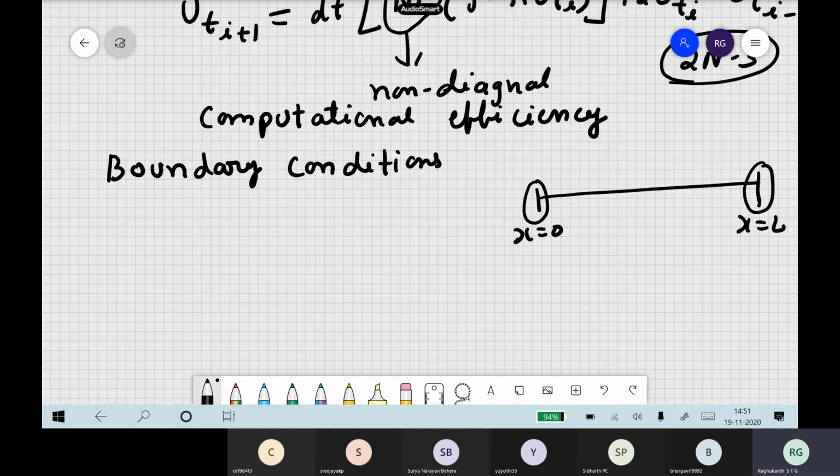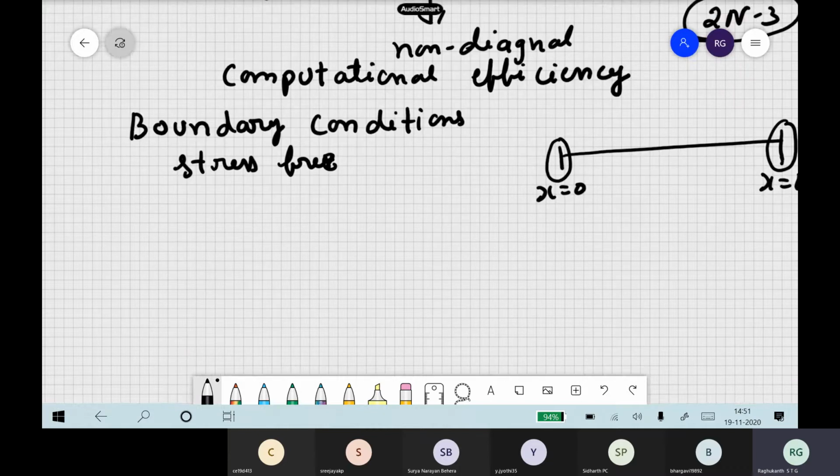If it is a stress-free boundary condition, we already know that the integral with respect to the surface automatically goes away. Suppose you want to make it a fixed beam, fixed at both the edges. So now how do you calculate? This edge is fixed, this edge is also fixed.